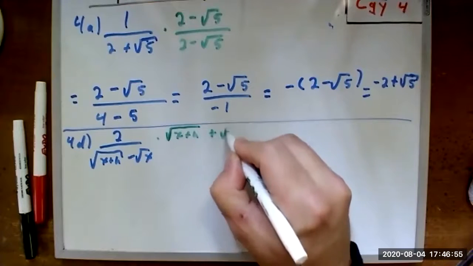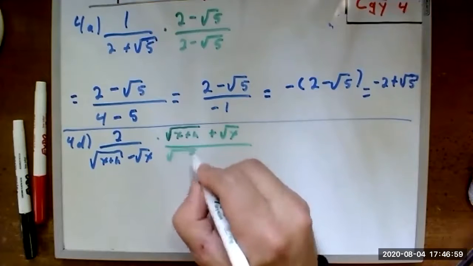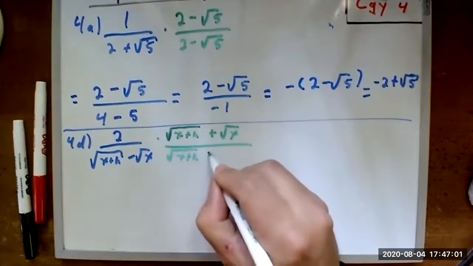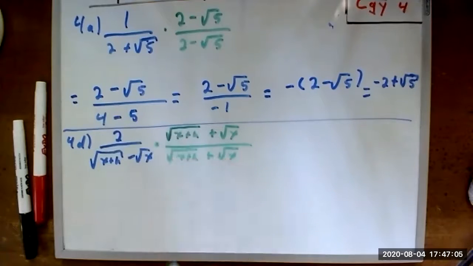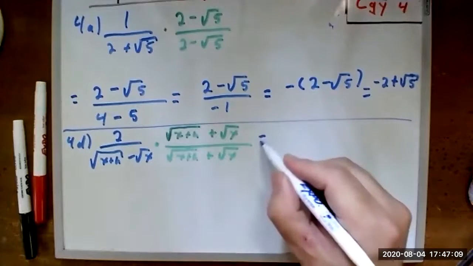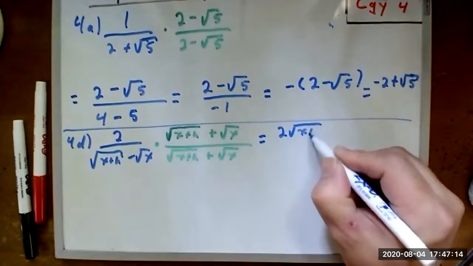And again, we're going to multiply by the difference of squares version, so I'm going to get the root of x plus h plus root x over the square root of x plus h plus the square root of x. And this is a multiplication.